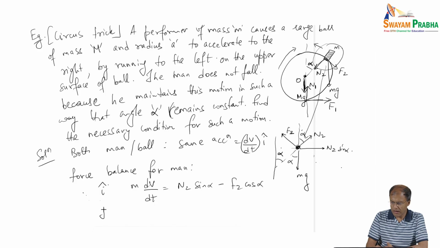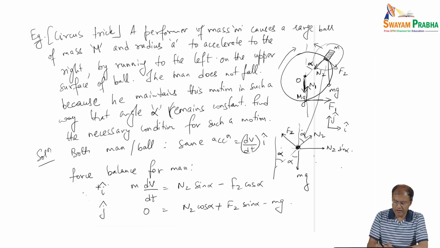Similarly, along the j hat, we have i hat in this direction and j hat in this direction. Along this direction, there is no net acceleration, and the reaction forces are going to balance the weight.